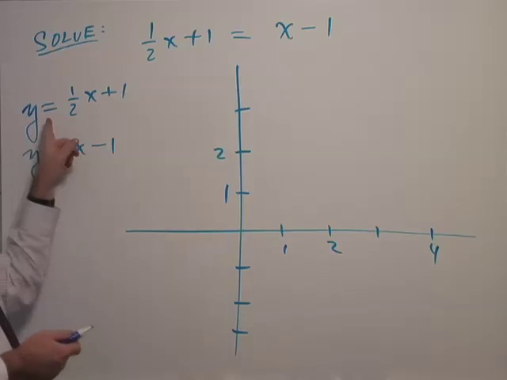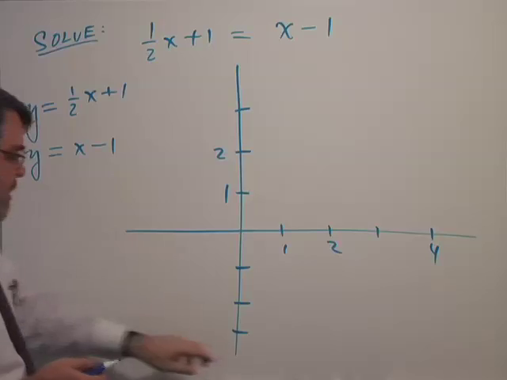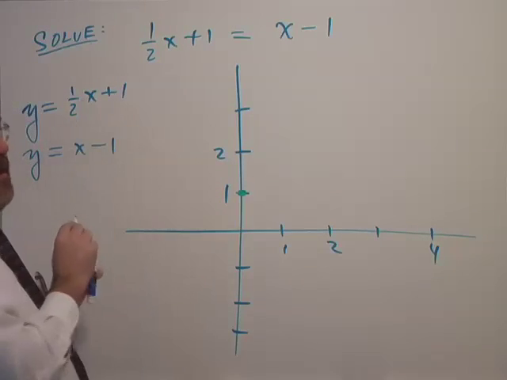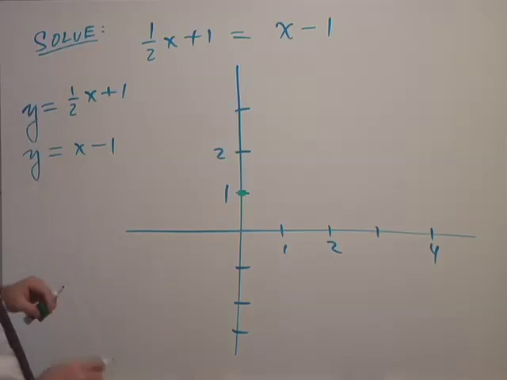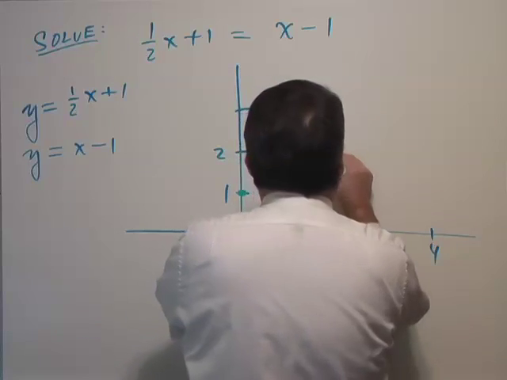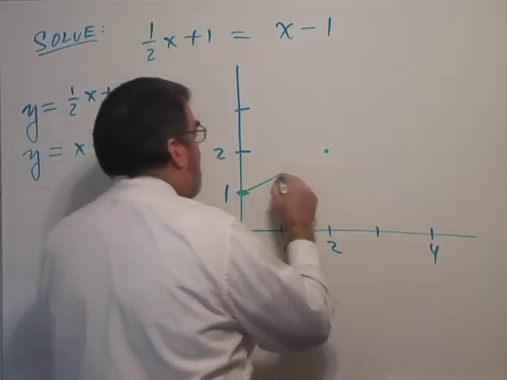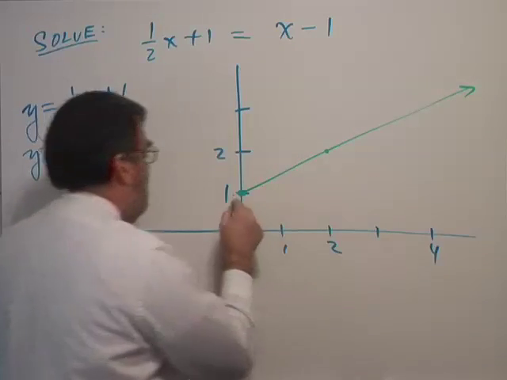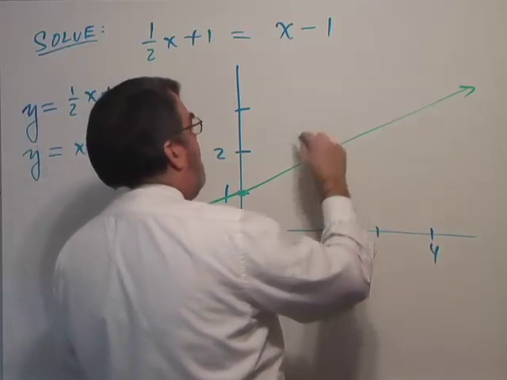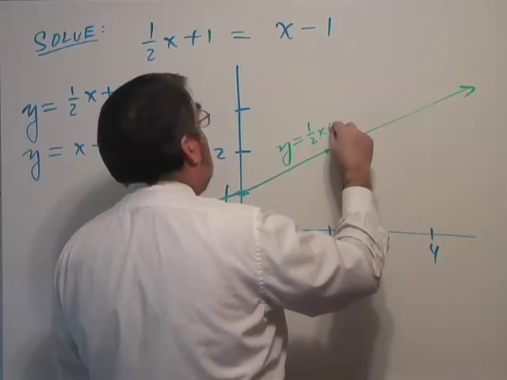Now this graph, y equals 1/2 x plus 1, has a y-intercept of 1, and it has a slope of 1/2, and so the slope of 1/2 means we rise 1 unit and go right 2 units. So if I go up 1 and over 2, I create a second point, and I can connect those dots to form my line. So this is the line y equals 1/2 x plus 1.